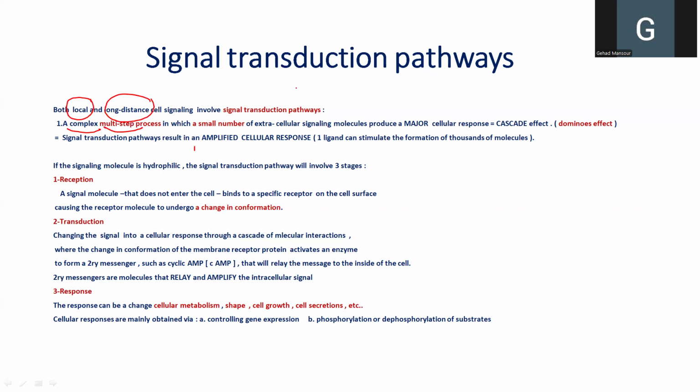We start with a small number of extracellular signaling molecules. Why extracellular? Because they are hydrophilic, so they cannot penetrate the cell membrane themselves, and these signaling molecules will produce at the end of the day a major cellular response.